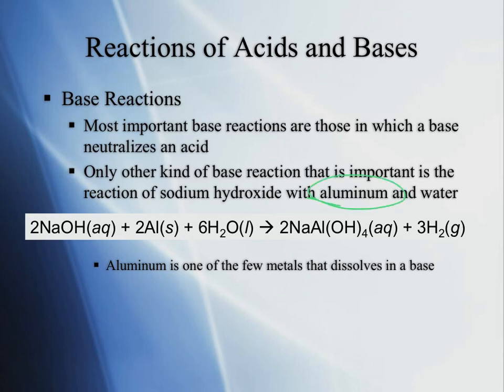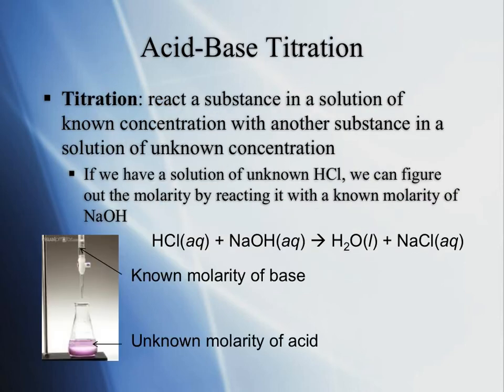Most metals are going to be able to be reacted with acids to produce something else. But aluminum actually can be reacted with a base to make something else. So we can get a gas from aluminum by reacting it with sodium hydroxide. Aluminum is one of the few metals that dissolves in a base.